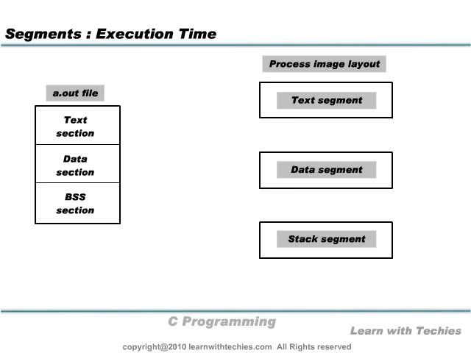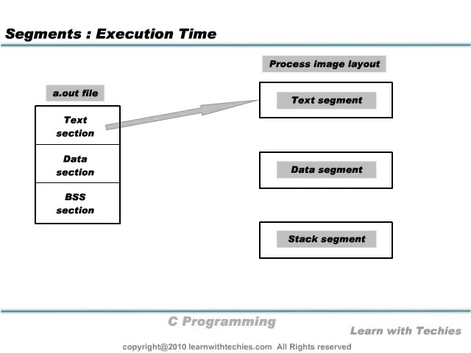To create the text segment for the process, the operating system just reads the text section from the executable and copies it to the text segment in the process image. To begin the execution of the process, the program control is passed to the entry function in the text segment. But before the program execution can begin, it has to first create the data and the stack segment.